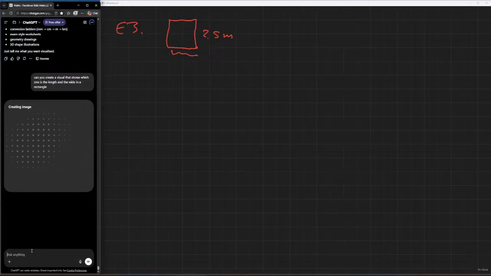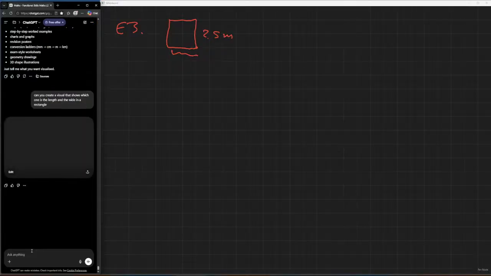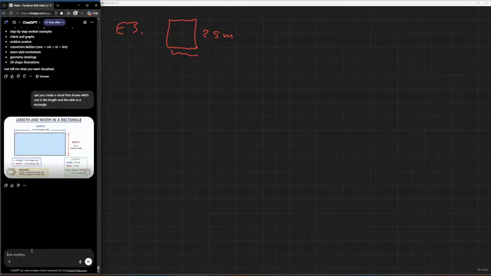Let's see. So the length is the longer side.